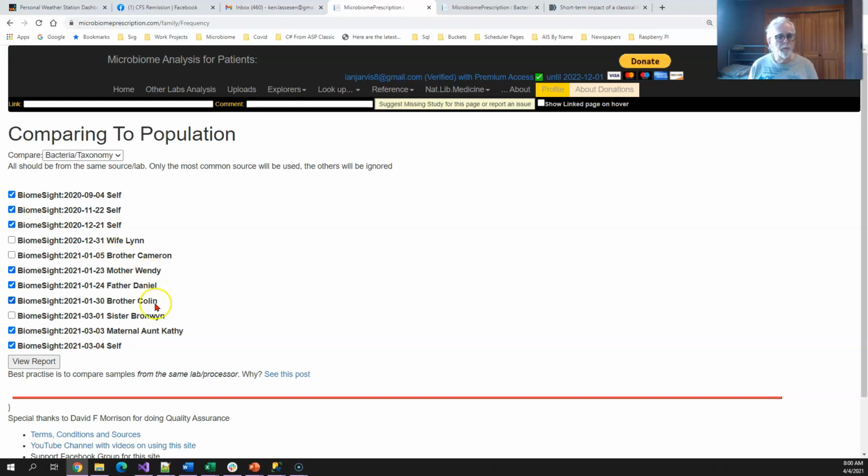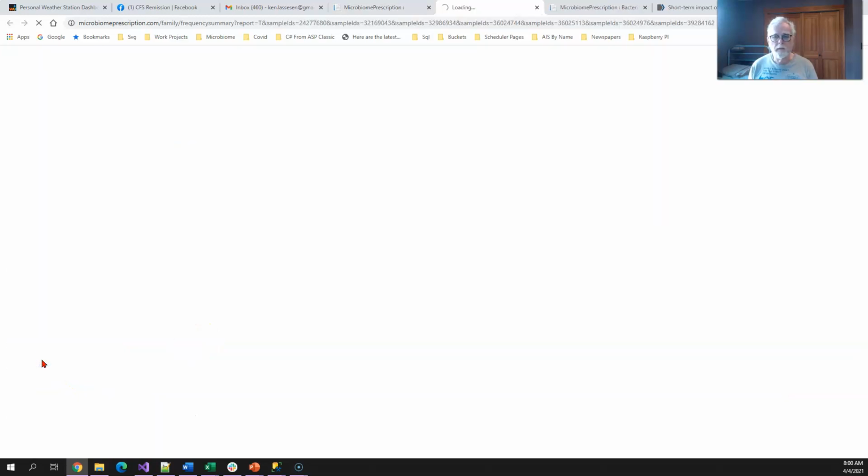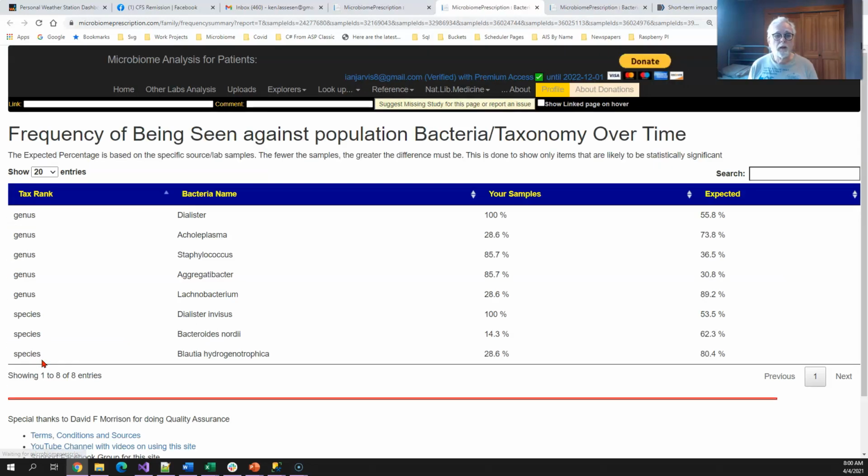Keep the mother, keep the father, toss in the aunt, toss in all the samples of the person. Now when you click the report, you end up with a shorter list because the difference has to be bigger. In this case, we have 45% difference here, 50% difference here, 50% here. We have gapping differences of about 50% between the people in the small samples and the reference population.